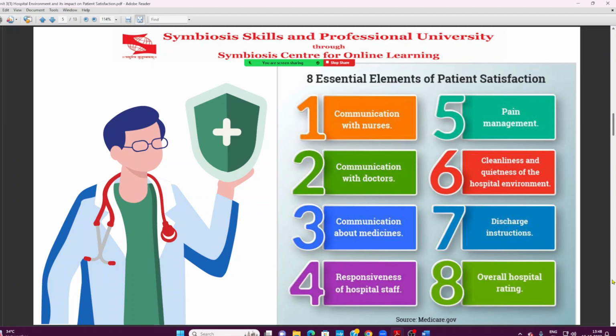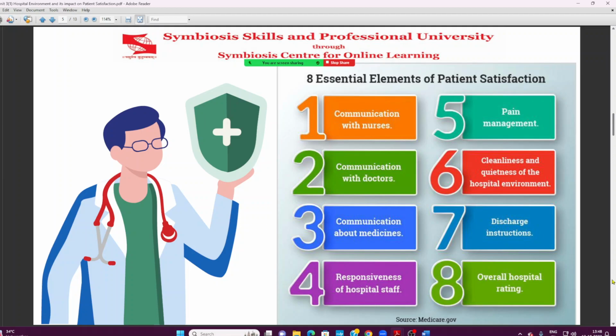So nurses are very important when we talk about patient satisfaction, because they are the actual medical staff who are going to treat the patient. The doctor is going to diagnose the patient, whereas giving the syrup, tablets, capsules and all those things will be in the hands of nurses, and nurses have to follow the prescription given by the doctors.